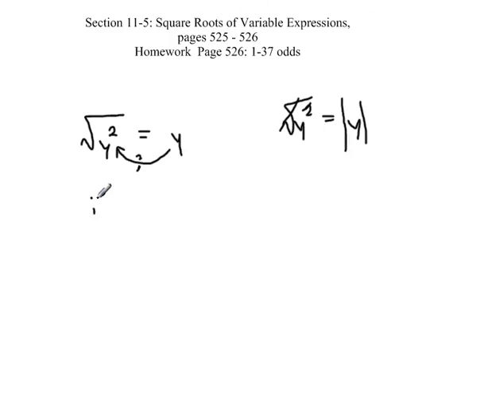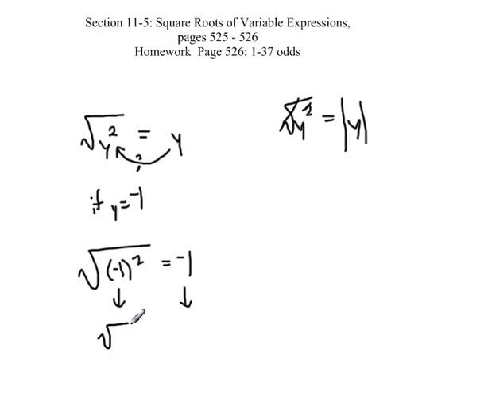If I put a -1 in for y, here's what would happen if I didn't give a limitation of my absolute values. I would be saying that the square root of -1 squared would be -1. Now that's actually not true. If I arrow down, I'm not working left to right, I'm working top down.